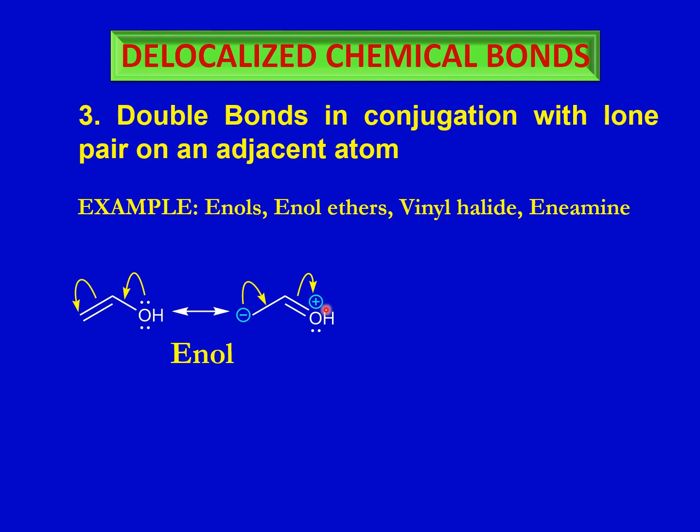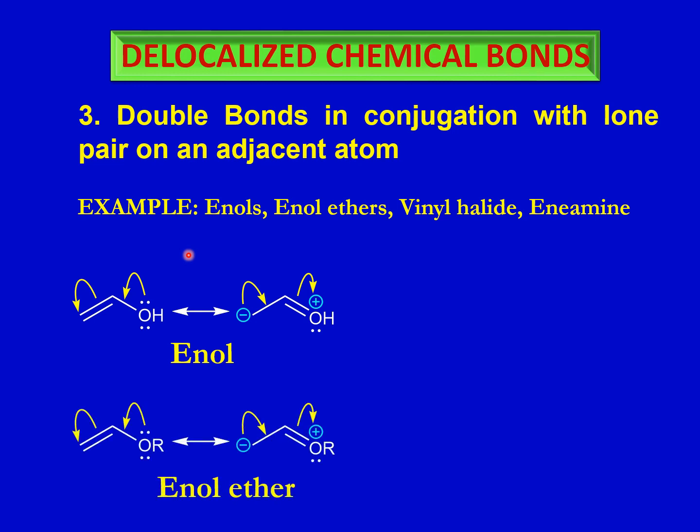So it has a positive charge now and it is unstable in this form. So to gain stability again, it attracts this pi electron density towards itself, and as a result the negative charge again is shared between these 2 carbon atoms. So we have a double bond again and a single bond, and the lone pairs on oxygen are also restored. So the structure again resonates between these 2 forms in case of enols.